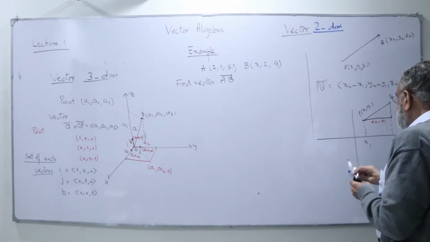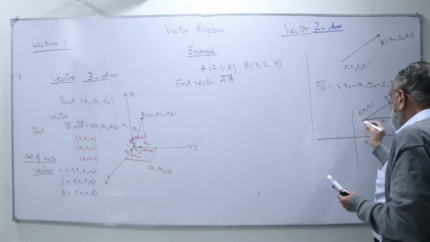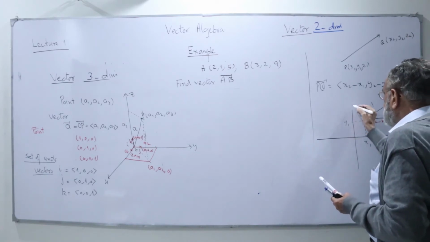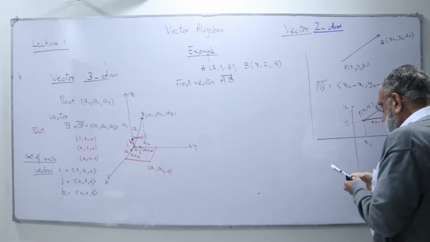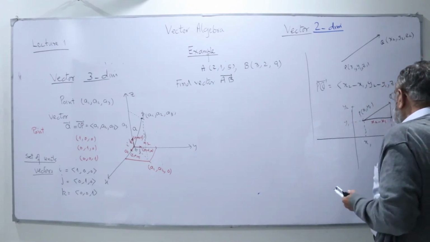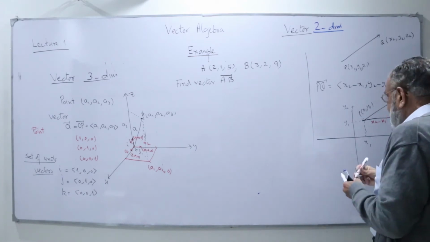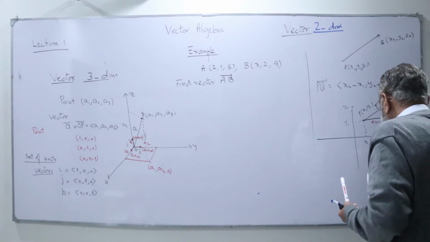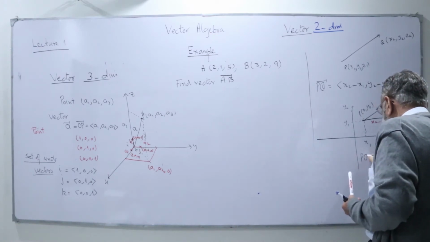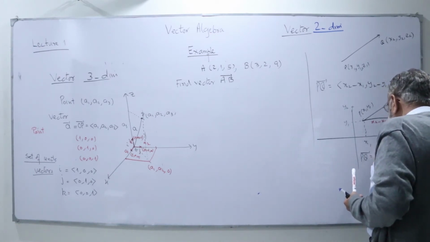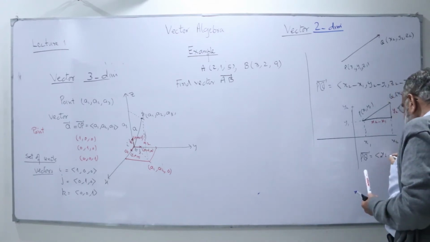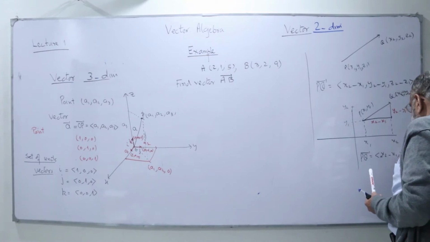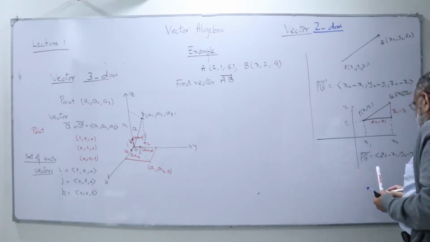And for y, this is y1 and this is y2, so this length is y2 minus y1. So my vector PQ will be x2 minus x1 as the x value, and y2 minus y1 as the y value.